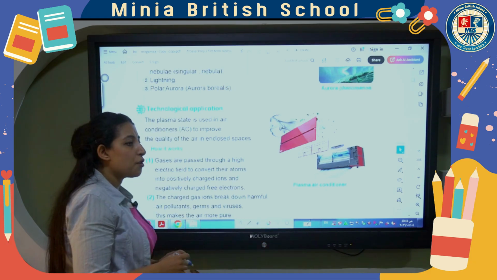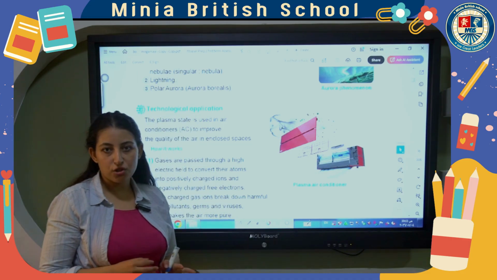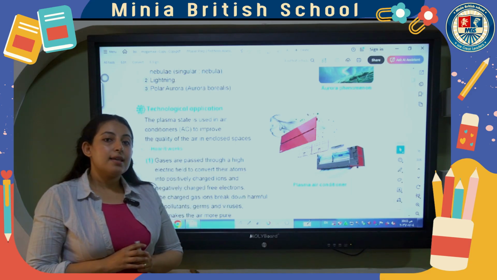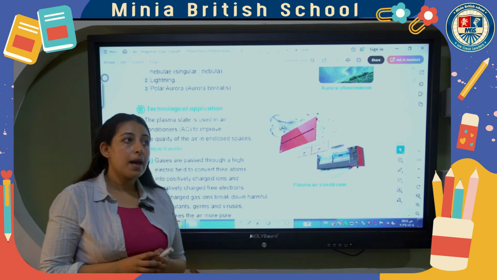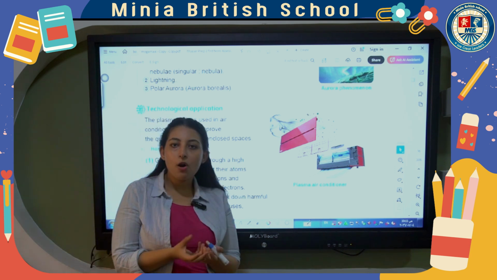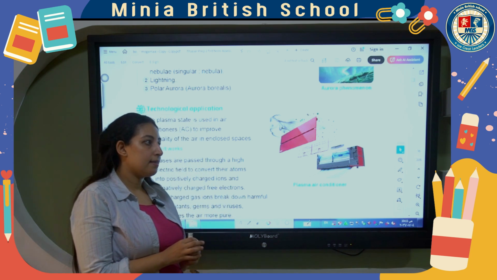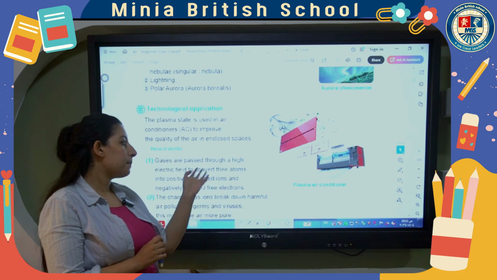Plasma state is very important in our daily life. The most common application that we use in our daily life is the air conditioner. Plasma state improves the quality of air. How? Some air conditioners, and now I think most air conditioners, have the plasma state.